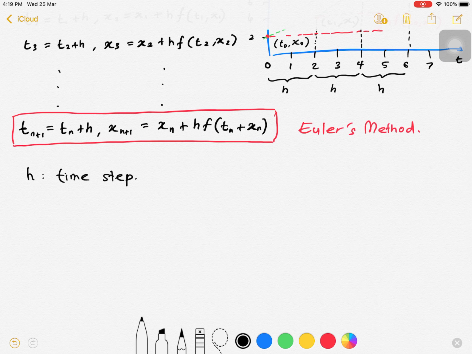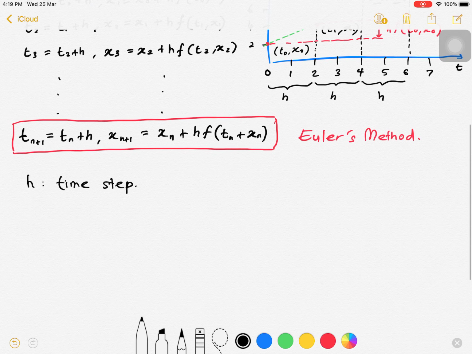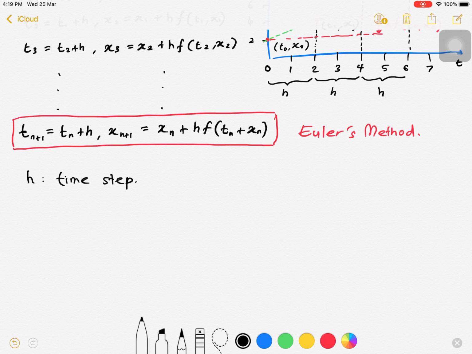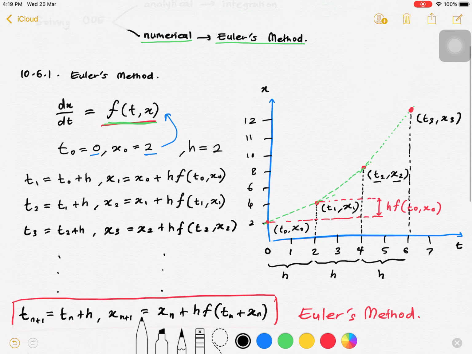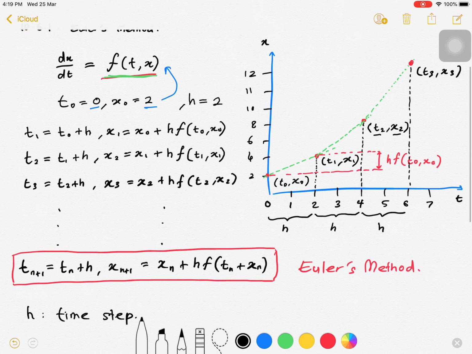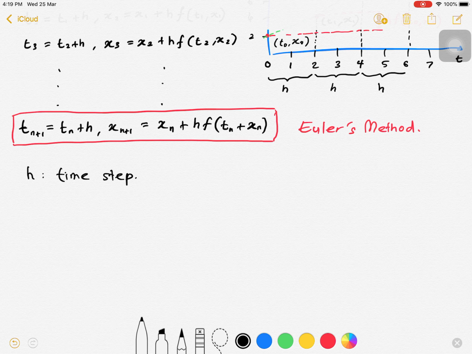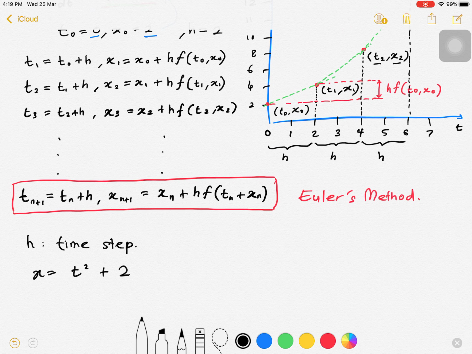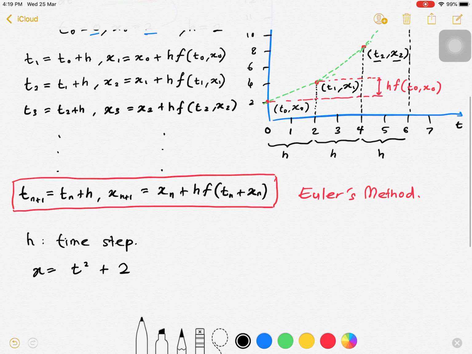Okay, let's say the answer for this problem is x is equal to t square plus 2. Okay, that's why when t is equal to 0, x value is 2.